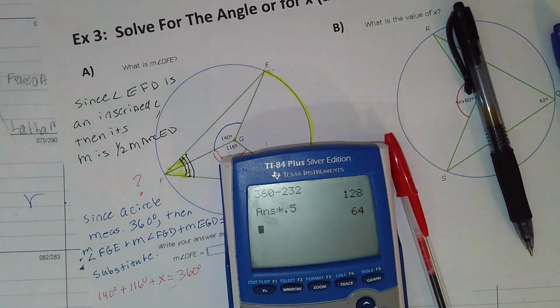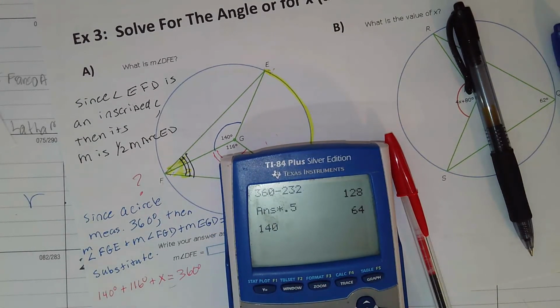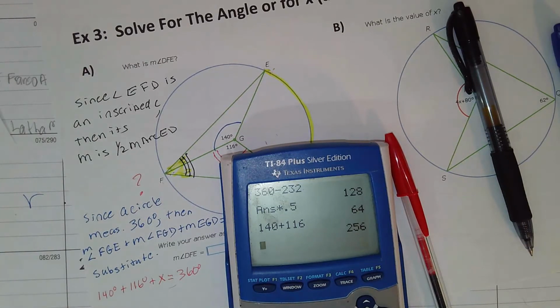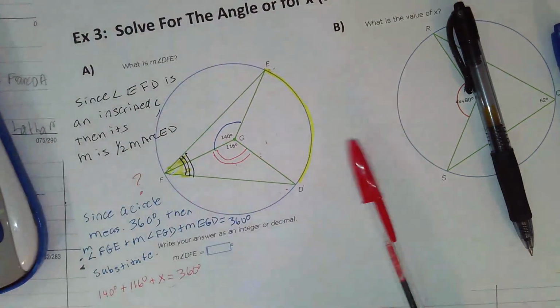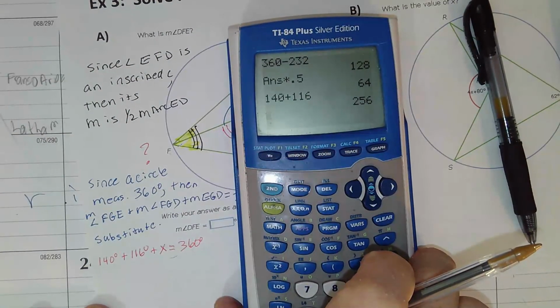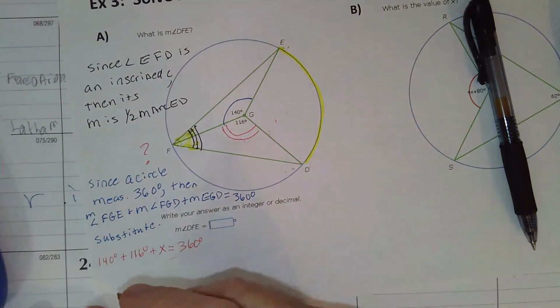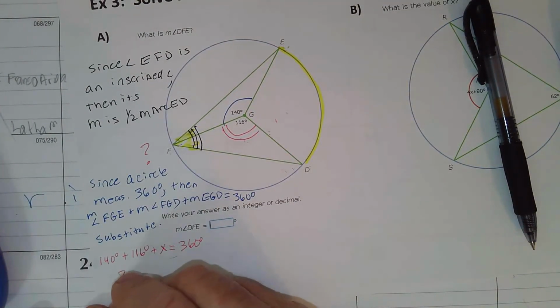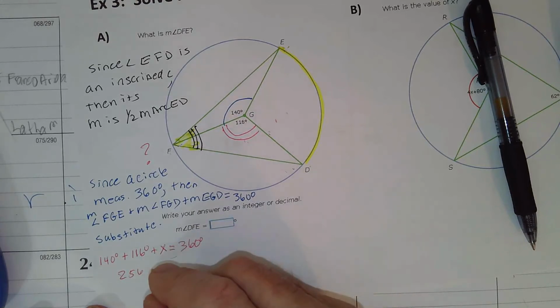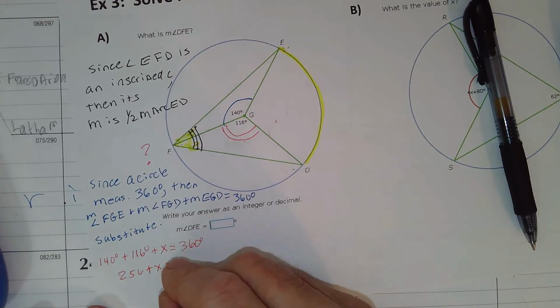So 140 plus 116 is 256. Make sure you saw that, right? Okay. So 256 plus x equals 360.